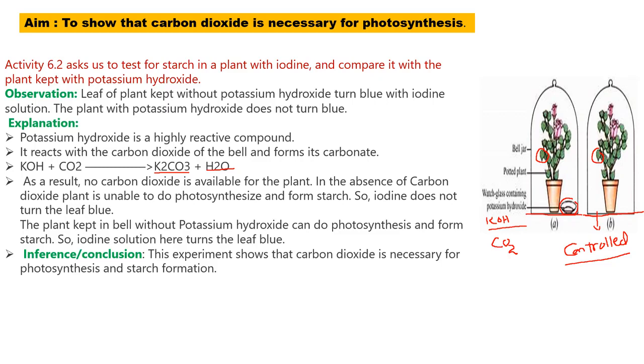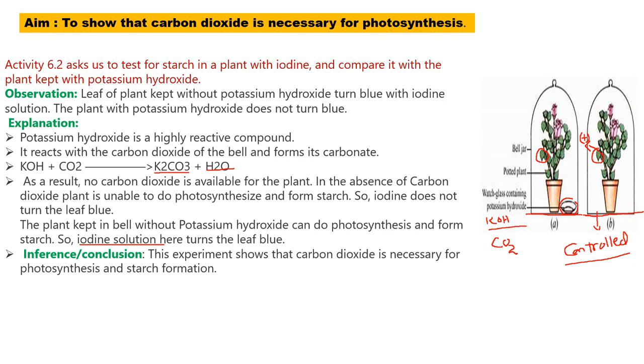And when you do a starch experiment, when you put iodine solution, okay, in the control plant, you will see this leaf will show a positive starch test. That means that iodine solution will turn bluish black because of the presence of starch in this leaf.